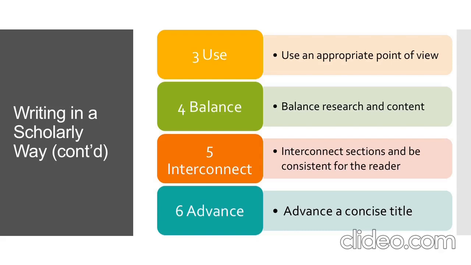For example, in a quantitative report, stating the variables and using their exact name each time you mention them can help connect the parts. Another linking device in a quantitative study is to use the same research questions or hypotheses wherever they appear in the research report.